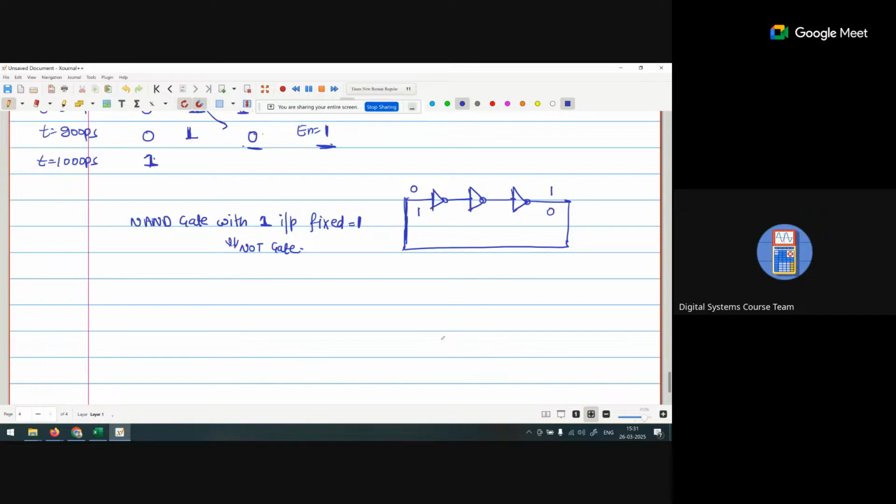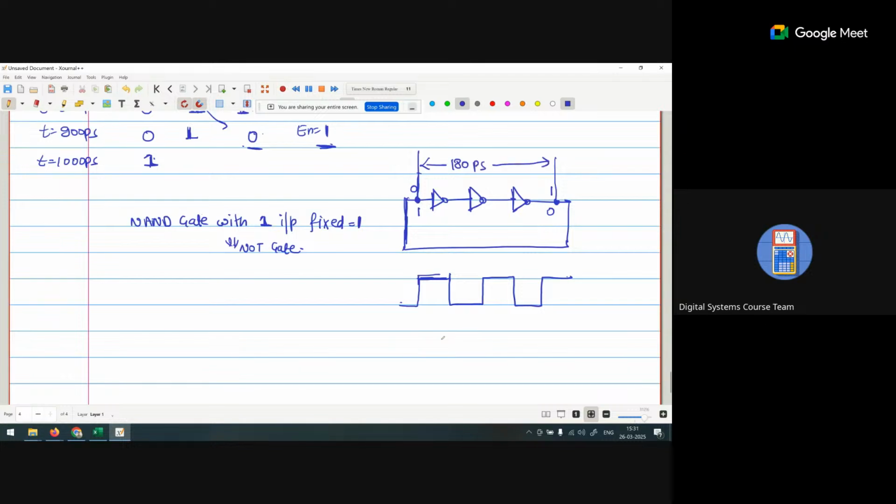So the waveform will be like this: initially sometime it is a 1, we get a 0, then 1, then 0, then 1, like this. Now till what duration will it become 1? The output remains the same, either 1 or 0, and the time it takes to go from this to this is 180 picosecond.